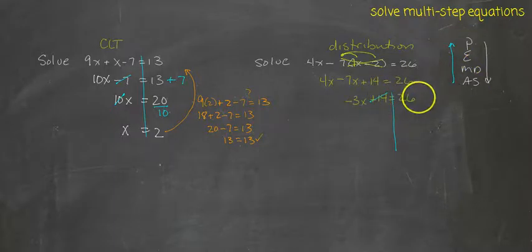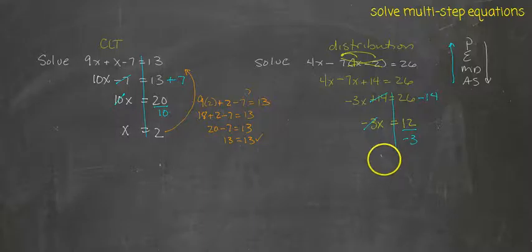I'm going to turn it into a negative 14 on the opposite side and then simplify. Negative 3x equals 26, take away 14 is 12. Okay, and now I have a negative 3 that's multiplied to x, so I'm going to convert it to a divided 3. And I have x equals, a positive and a negative makes a negative, 12 divided by 3 is 4.